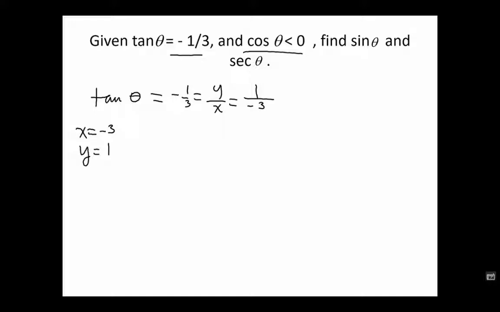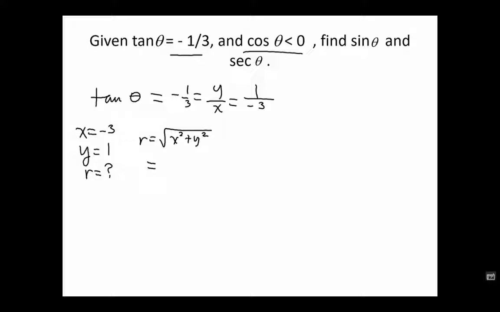And now, before we can determine the sine and the secant, we need what? Well, we need r. We need to find r. To find r, we say that r is the square root of x squared plus y squared.